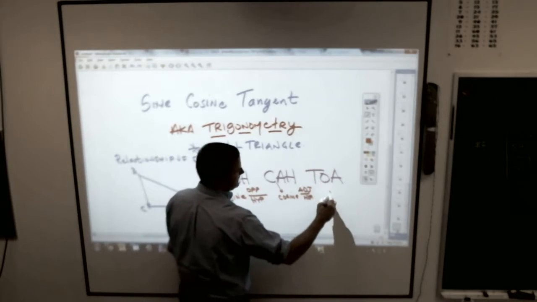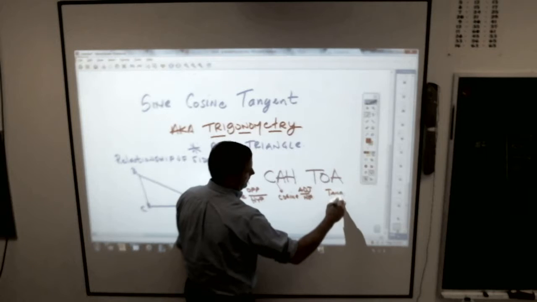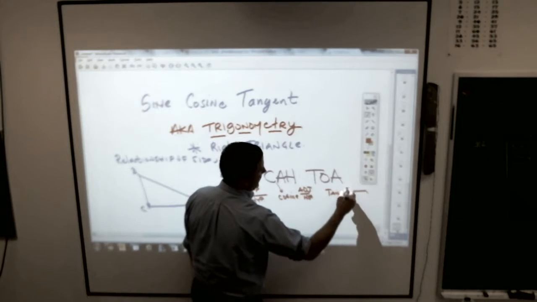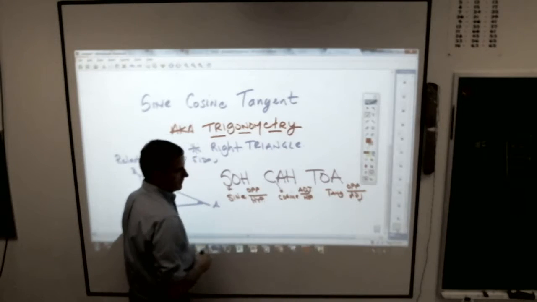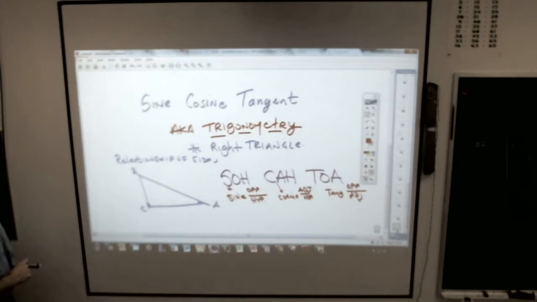When you talk about the tangent, that is the relationship of the opposite over the adjacent. Got that?